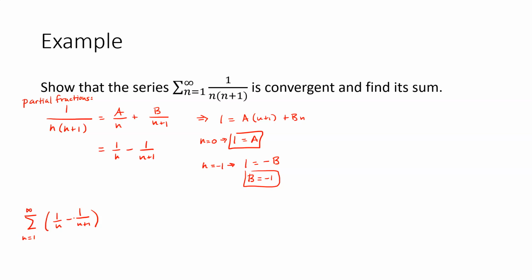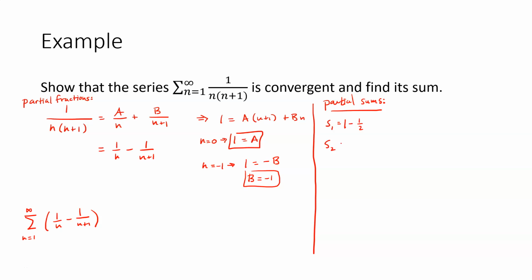Now, in order to find the sum, I'll look at the partial sums of the terms of the series now that it's written in this form. So here, let's look at the partial sums. S1, of course, is just the first term. Notice that's going to be 1 minus 1/2.